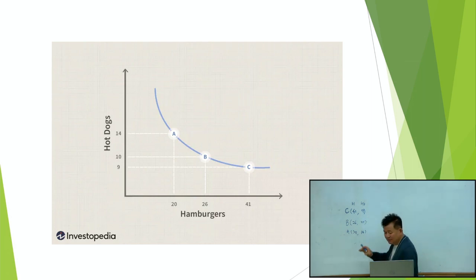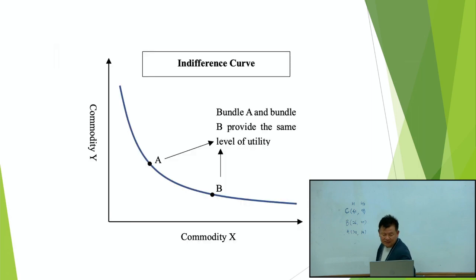A, B, C are combinations of hamburgers and hot dogs with the same utility, the same satisfaction. Anyway, 41 hamburgers and 9 hot dogs give the same satisfaction. I say this is the same level of utility. So that's why A, B, C are the same level of utility.